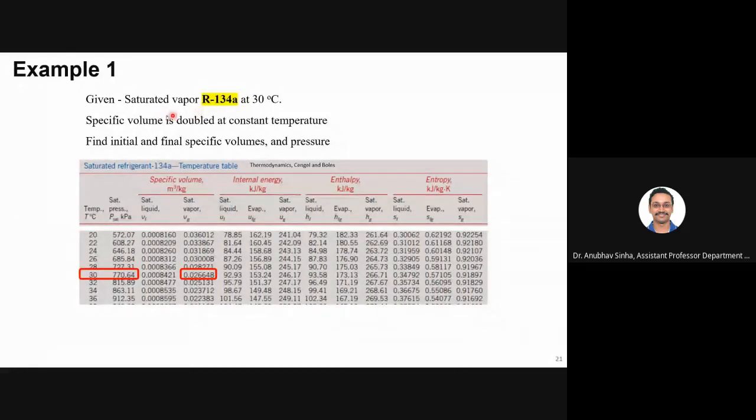This is the initial condition. Now let's say that the specific volume is doubled at constant temperature. So temperature remains constant here, but volume gets doubled. And we have to find the initial and final specific volumes and what the pressure is.